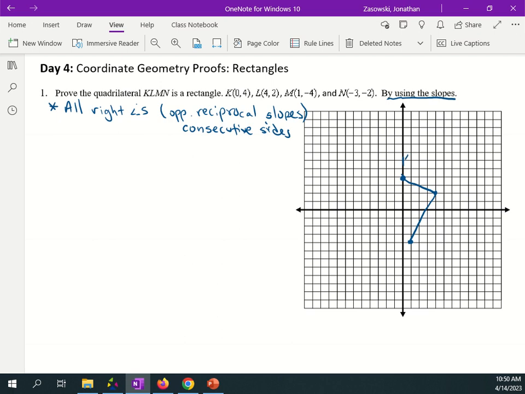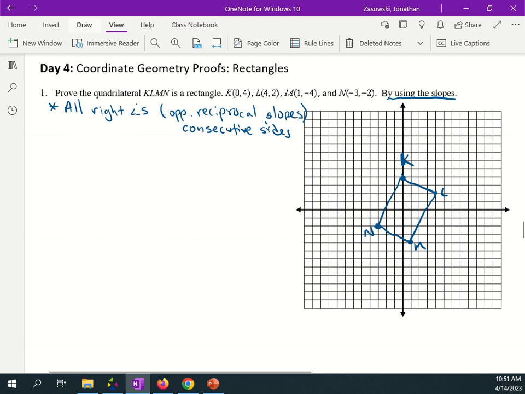So just keep that in mind that when you do KLM, the KL and LM should make 90 degrees. LM and N, which is (-3, -2), MN should make 90 degrees, and then the same thing with MN and KL, or NK, going around in a circle here. All right?